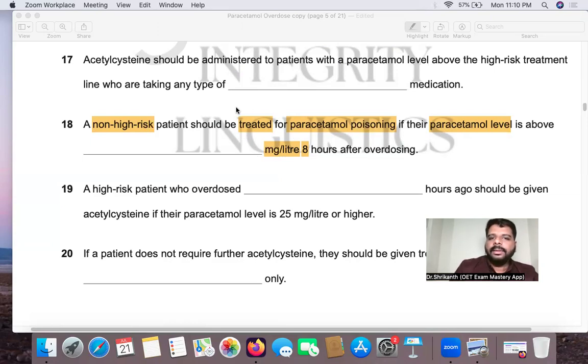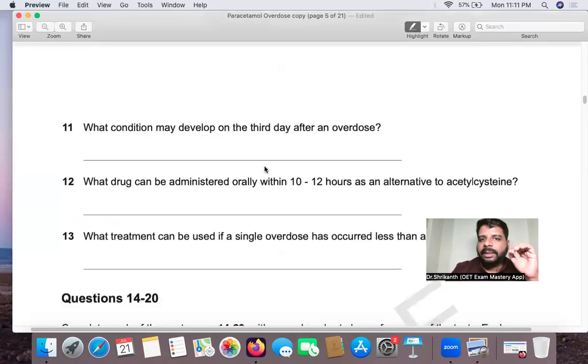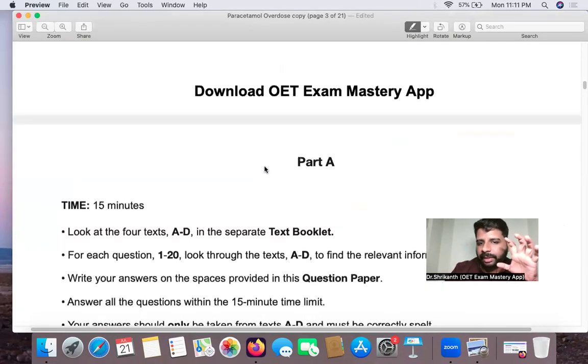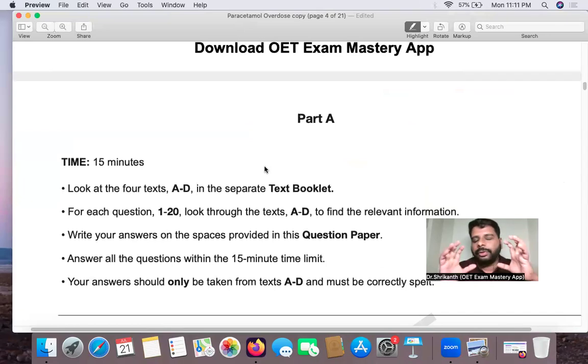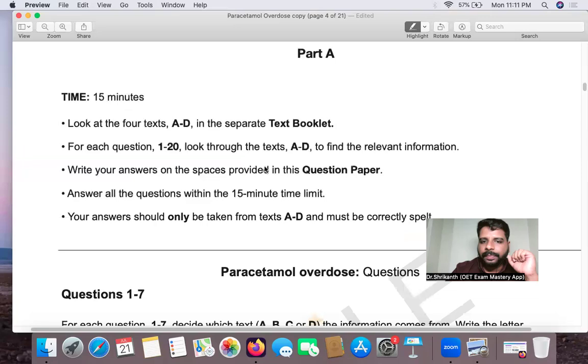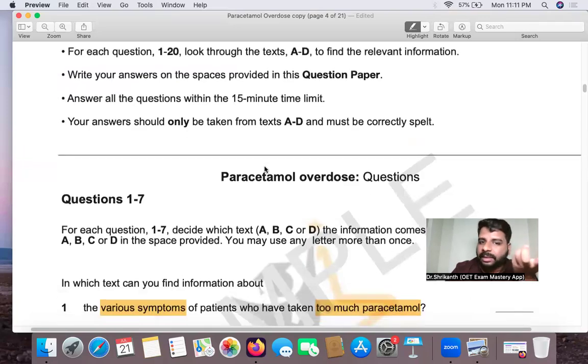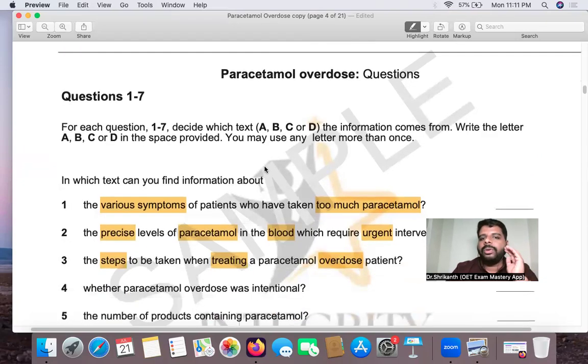So this is the best approach. Let's have a small recap of the strategies over here. When you get your reading part A, understand that this is called expeditious reading. That is, you're supposed to find the answers in the shortest time period possible. You need to have the right skills with you and you need to be able to think clearly.